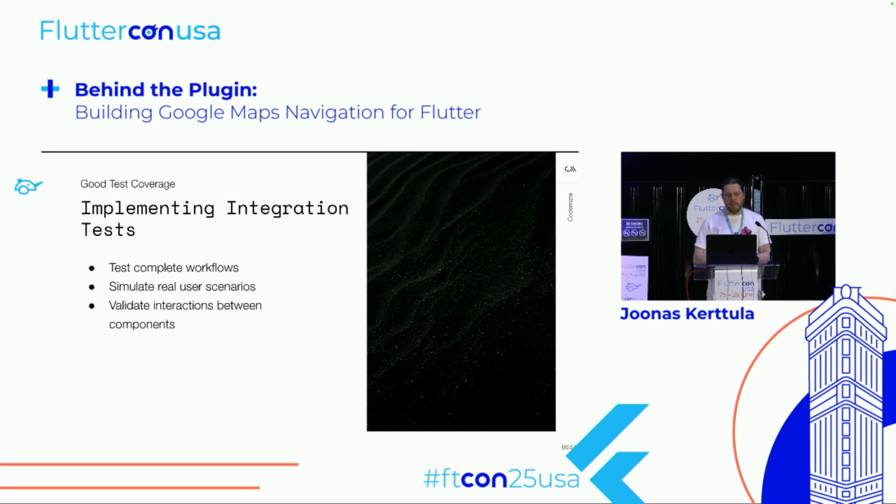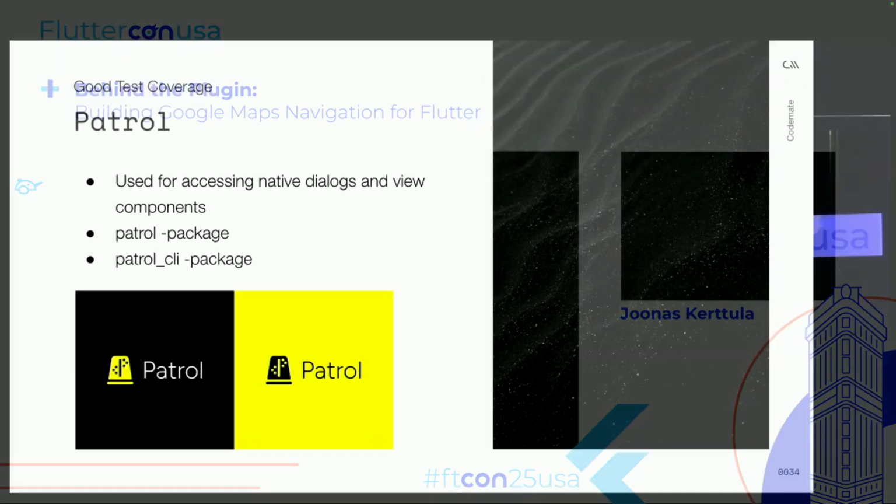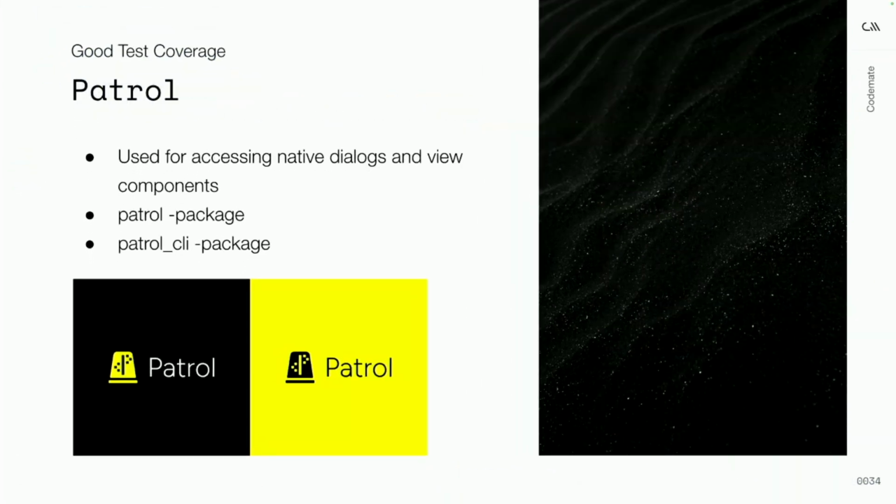Tests for real plugins might be complicated if you have native components. And to fix that, we have used Patrol library, which allows to click some native elements. For example, navigation SDK at start shows a dialog and asks permissions to use the navigation SDK, and that has to be accepted by every user.